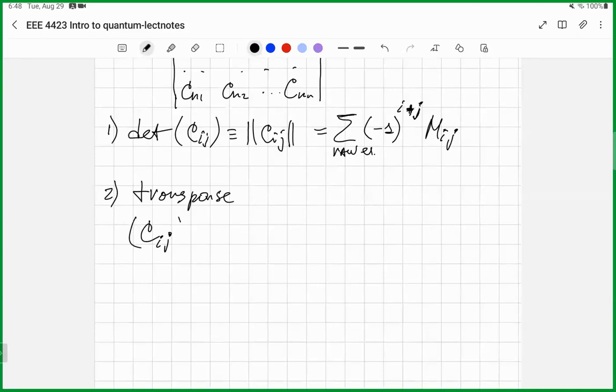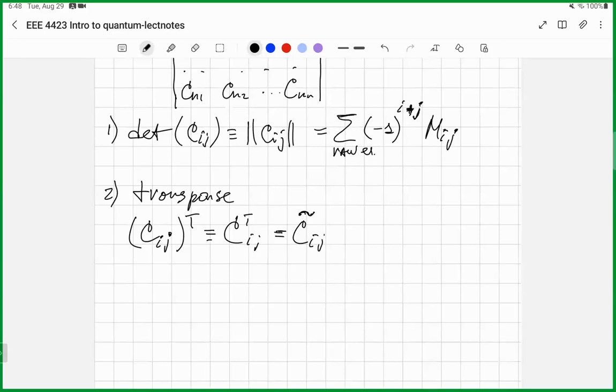If I take the transposition, I simply exchange the rows and columns. And by the way, sometimes it's also written with this wavy line on top.